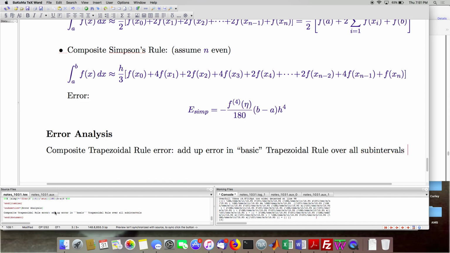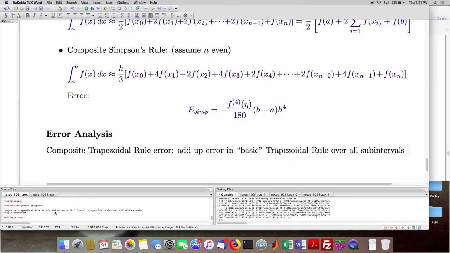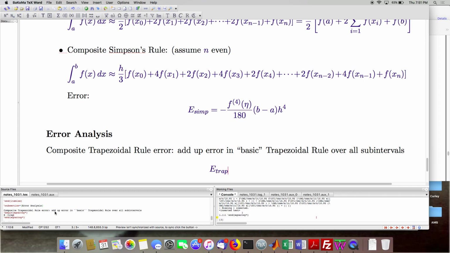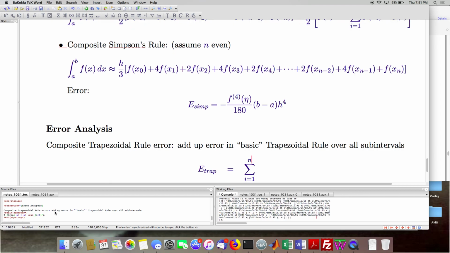So the way this works is, what we have here is a sum over all the subintervals of the error on each one.